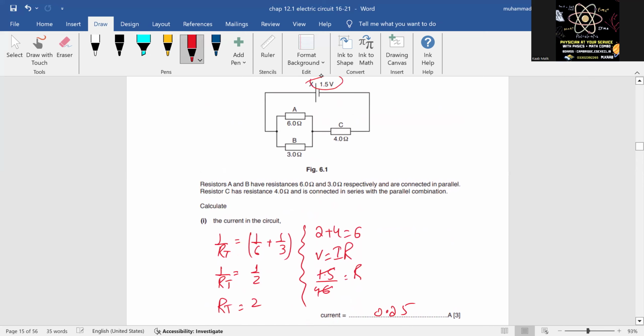Look, 1.5 is the battery voltage, and some of it is dropped across AB, and some across C, right?